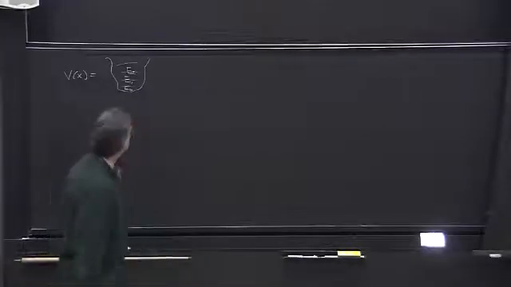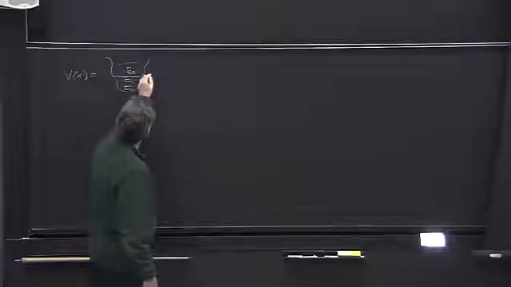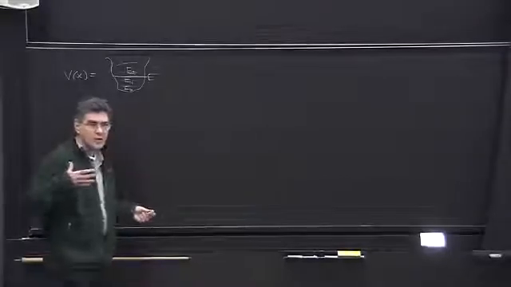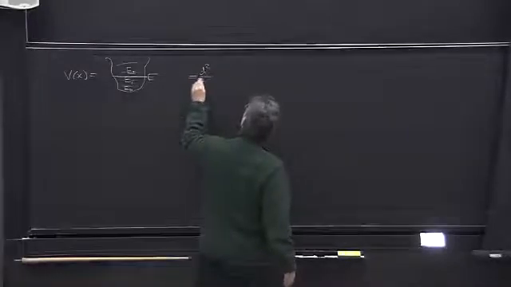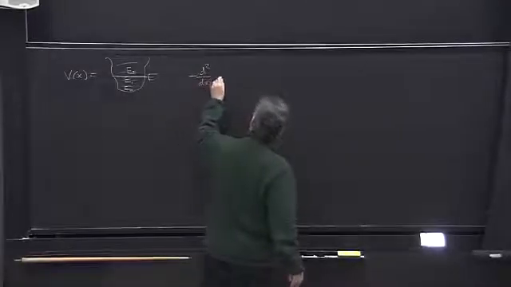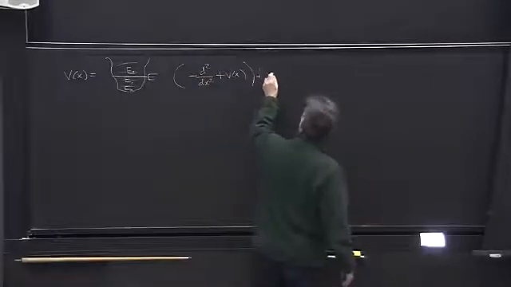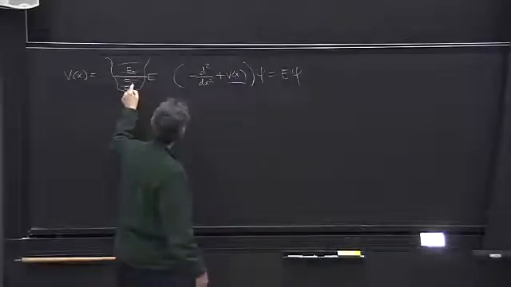And what we said was, if you put an energy, E, in this potential well, and you're solving the Schrodinger equation, which is minus d squared dx squared plus V of x, psi equals E psi, okay? So V is this potential.